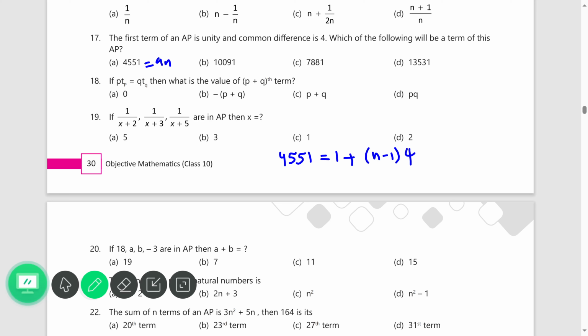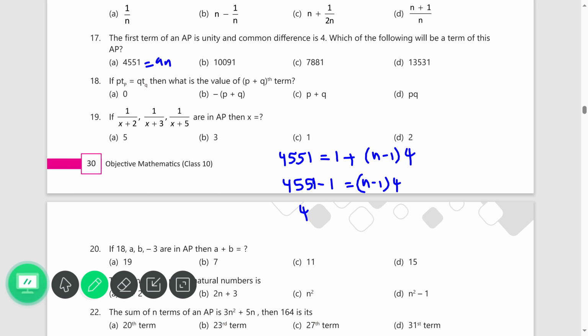Positive integer means 1, 2, 3, 4, whole number. So 451 minus 1, when you send 1 opposite, is 450, which equals (n minus 1) multiplied by 4. When you send 4 opposite, divided by 4, you get n minus 1.